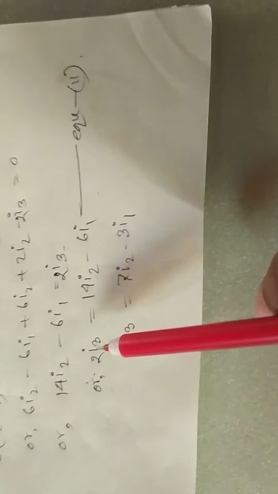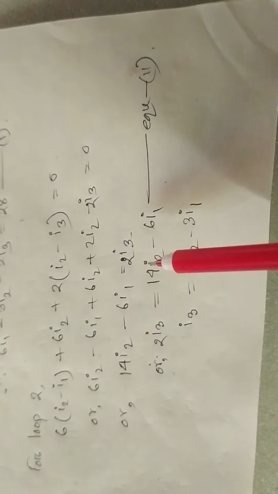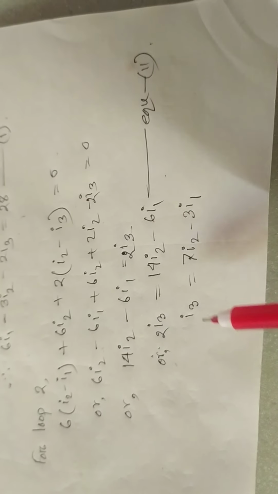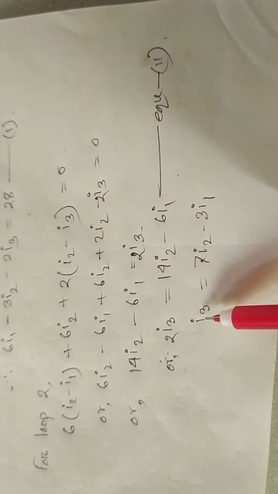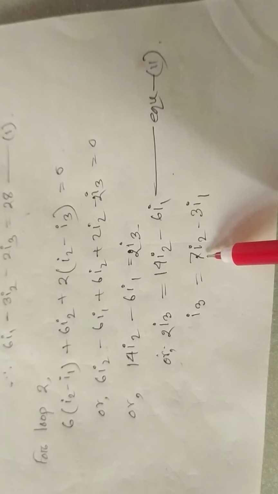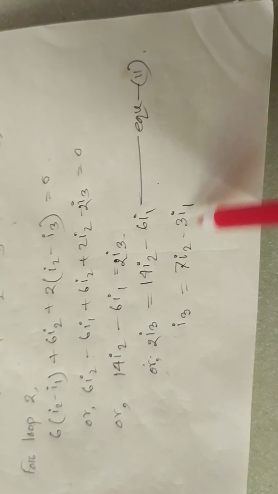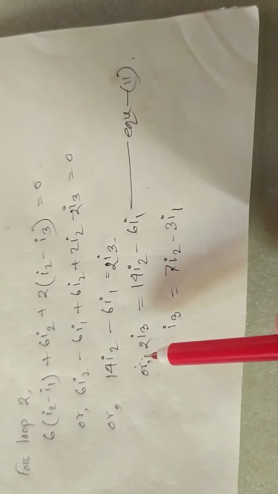Easily calculating, 2 I3 equals 6 I2 minus 6 I1, so I3 equals 7 I2 minus 3 I1. We divided by 2 on every side.